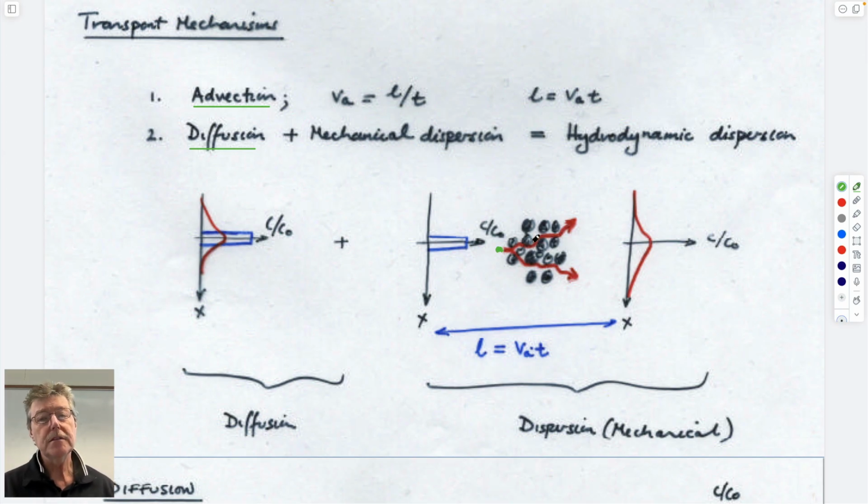In a porous medium, this dispersion occurs because the fluid is mixing and traveling between the pore space. It looks like diffusion, because this is what it would look like if it was diffusing, but the mechanism causing it is actually mechanical dispersion. Different process.